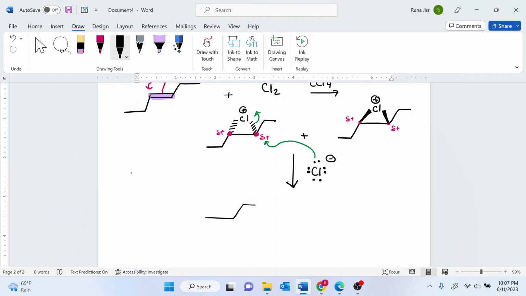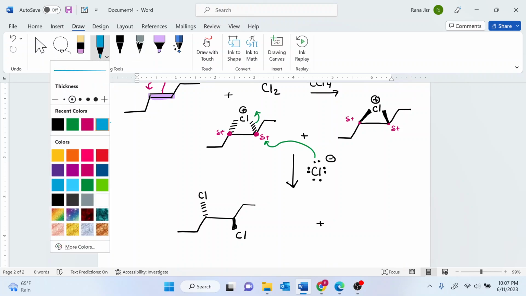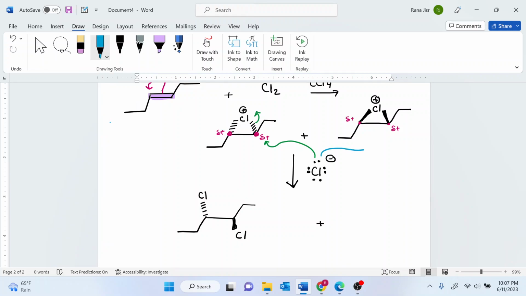So if it attacks from the front, then your chlorine here is going to be at the back. Plus, it can also attack the same carbon over there at the back so that it opens, and you're going to end up having your group in front. So it's going to attack at the back so that the chlorine over here is going to be in front.